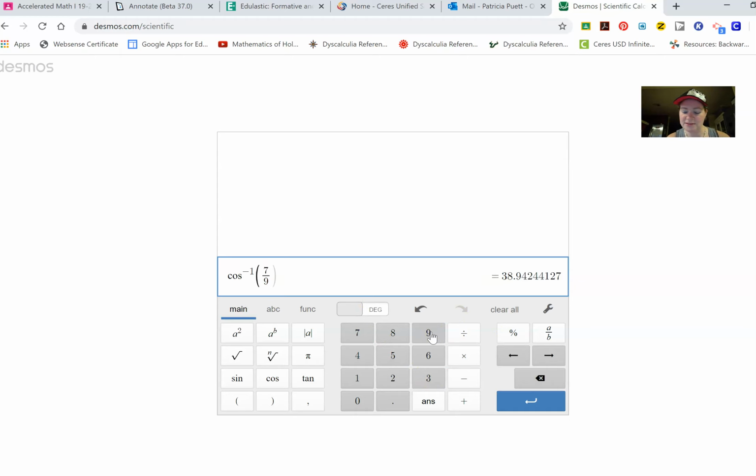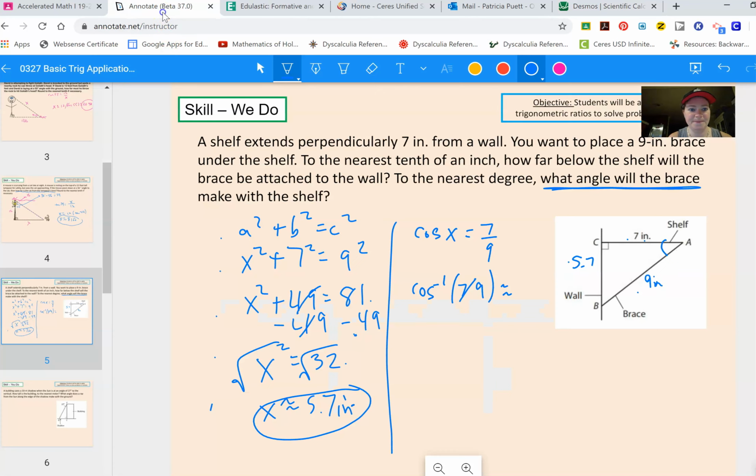So we're going to say 38.9 degrees. Okay, so what angle will the brace make with the shelf? The brace will make a 38.9 degree angle with the shelf. That's how you'd say that as a sentence.